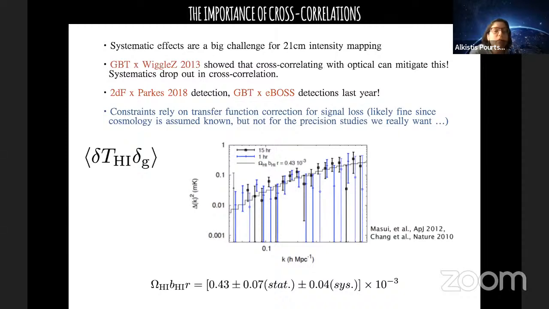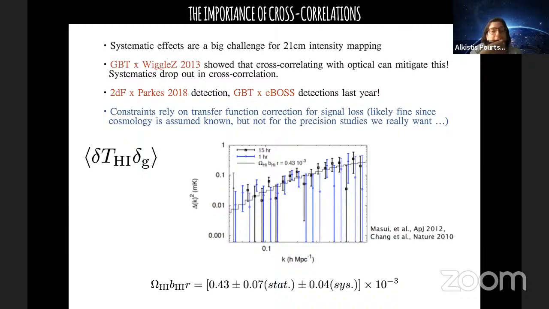So GBT and WiggleZ, the 2013 pioneering paper by Kiyo Masui, Chris Chang, and other people showed that, even when you don't get anywhere close to an autocorrelation detection, by cross-correlating with optical, you can mitigate systematics because they drop out. And then we had the 2dF cross-Parkes 2018 detection, and we had our GBT and eBOSS detections last year. I wanted to note here that the constraints that we get rely on transfer function correction for signal loss.